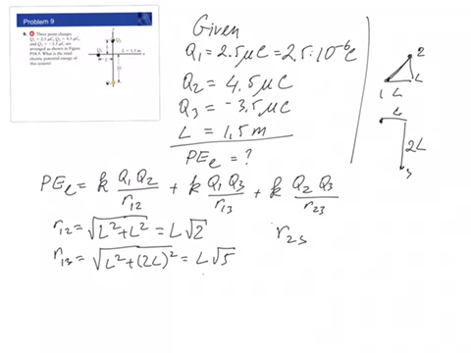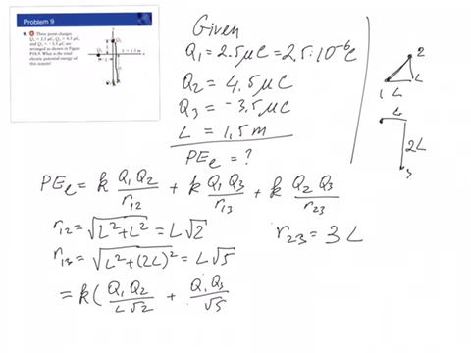R2,3. The distance between those 2 charges is easier. This is just 3L. Okay, now we can plug in numbers. We can factor out K. Just rewrite it. Q1, Q2 over L radical 2 plus Q1, Q3 over L radical 5 plus Q2, Q3, no radicals here, just 3L.